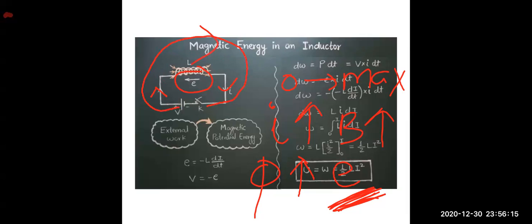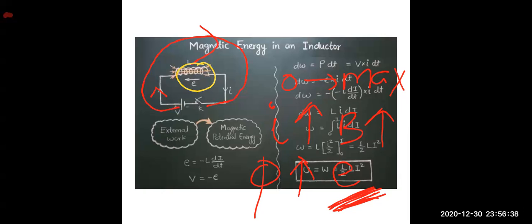So the direction of the induced EMF, you can see here, is opposite to the flow of current. That is, it is in the direction opposite to the change in current. As the current is changing, it is in the direction opposite to that, right? So making it stop from increasing.